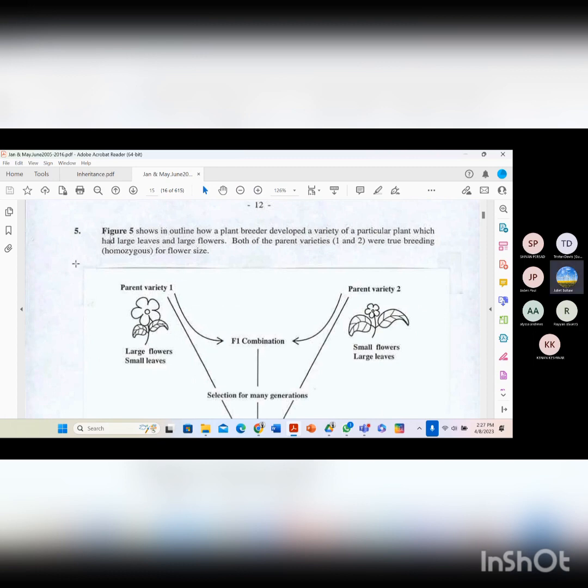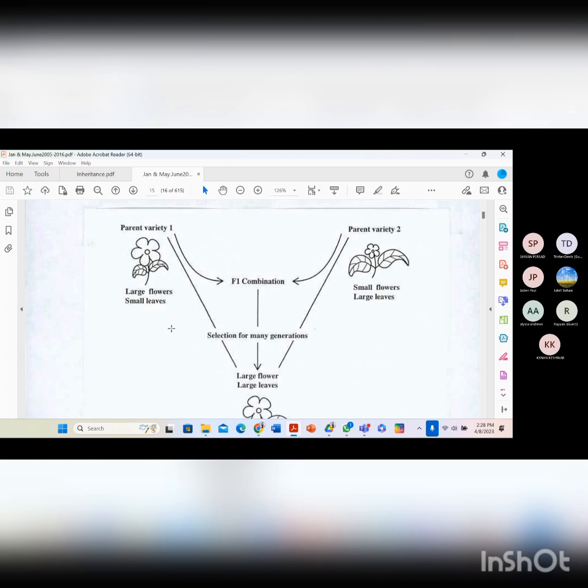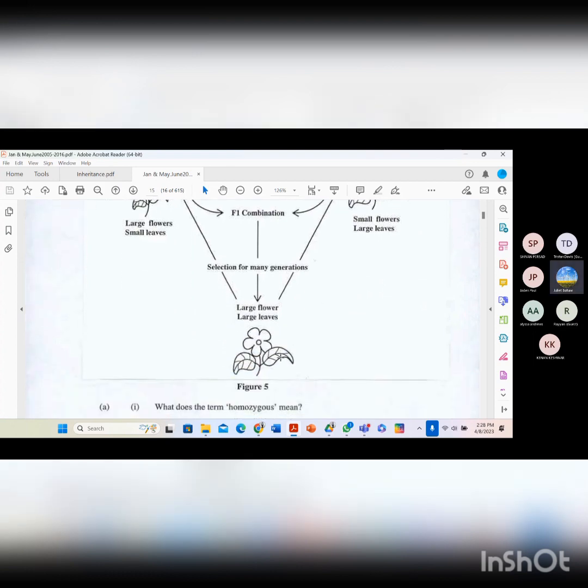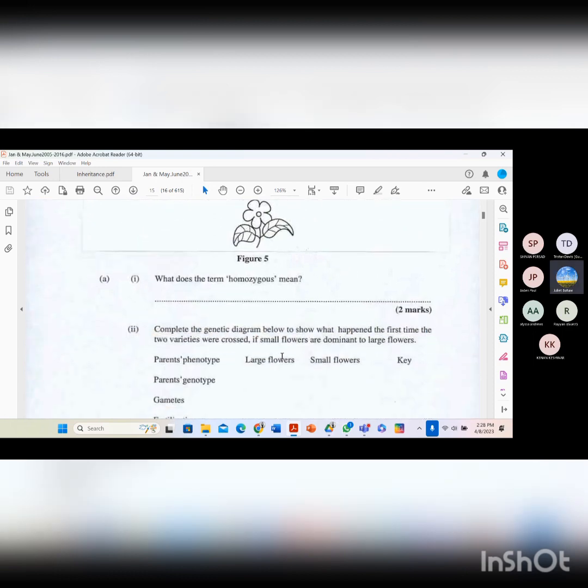You have one with large leaves, and then you have one with large leaves and flowers. Both of the parent varieties, 1 and 2, were true breeding homozygous for flower size. So here we're seeing large flowers, small leaves, and here we are seeing small flowers, large leaves. So when they both cross, you had large flowers, large leaves. That was the outcome. So now you have to match using symbols for large flowers.